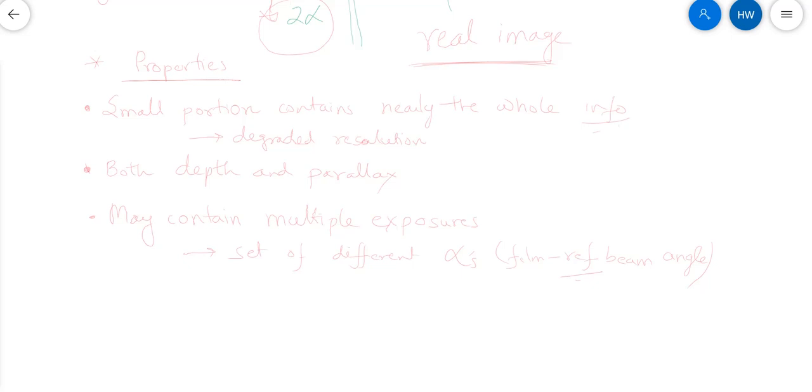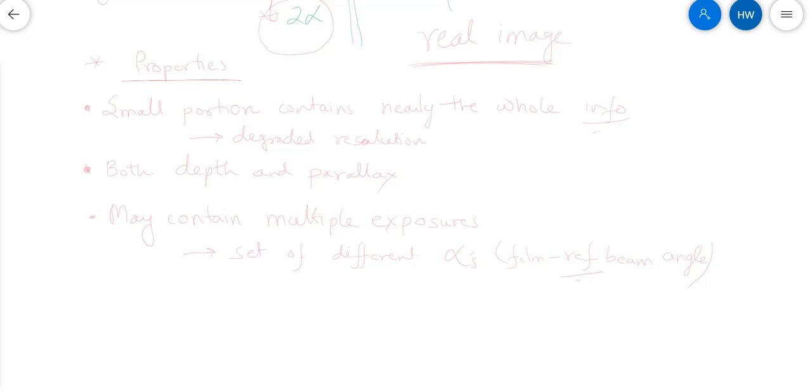Now you can be creative, and you can arrange things in such a way that one includes multiple exposures, right? I can have the same film, but have, for example, reference beams coming at different angles, containing, for example, different colors.